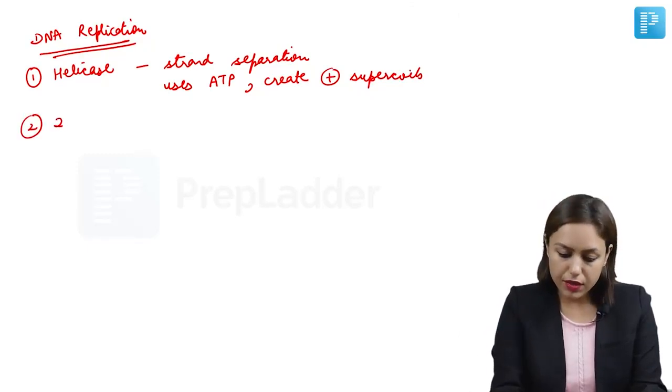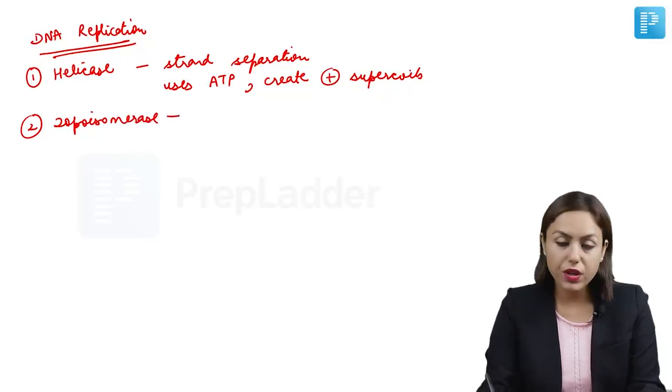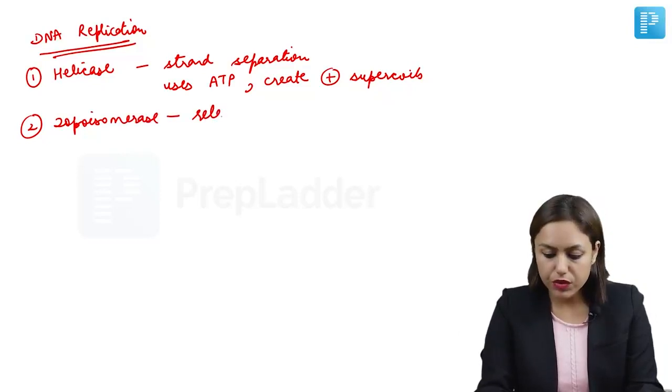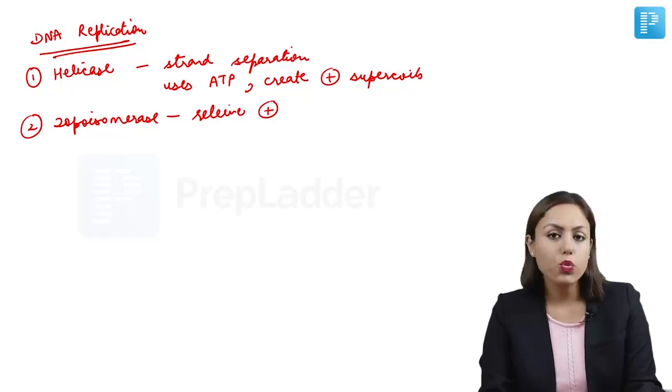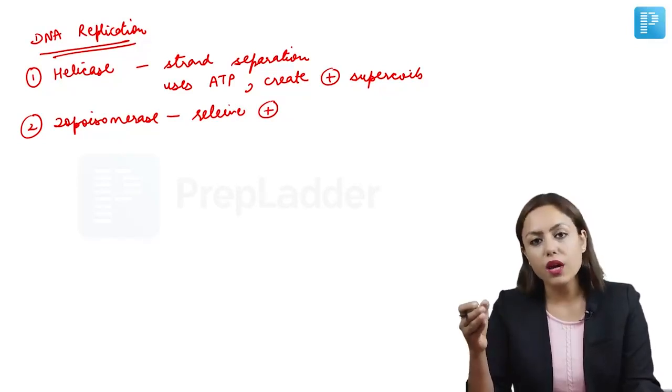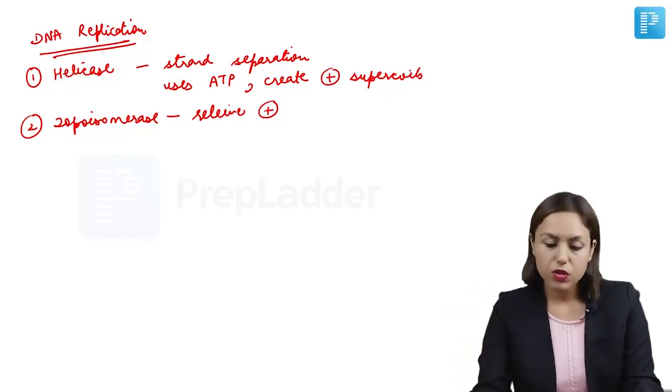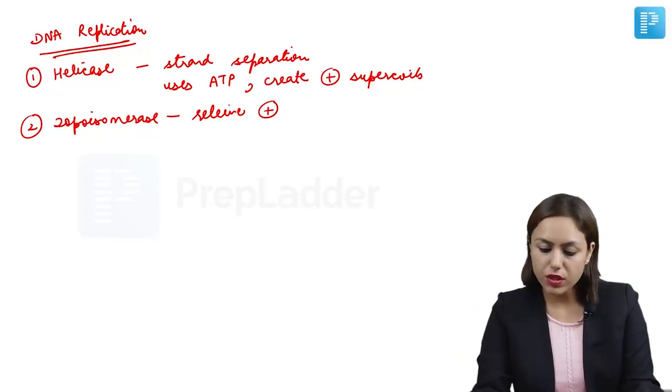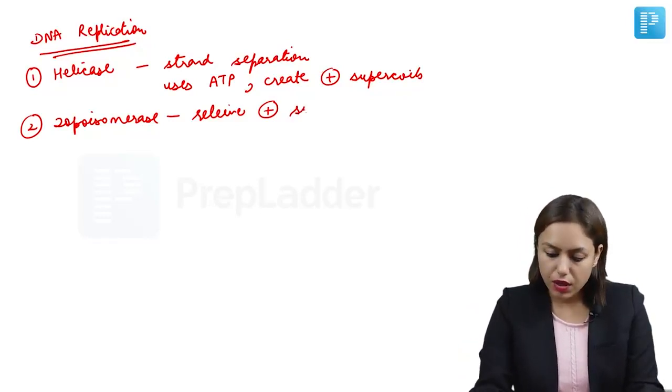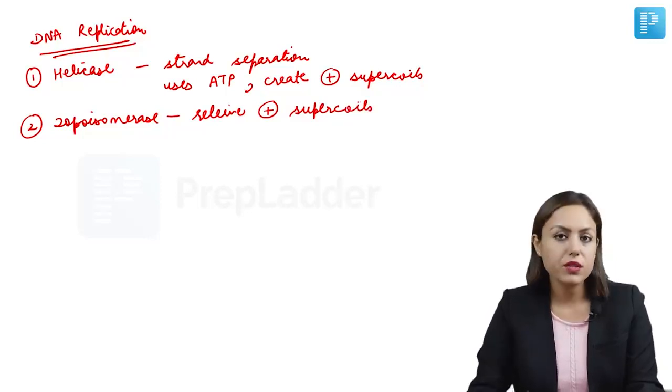Then, the second enzyme, topoisomerase. Topoisomerase relieves the positive supercoil because only then the replication fork can move forward. So, the first enzyme creates supercoils, the second enzyme relieves positive supercoils, right?